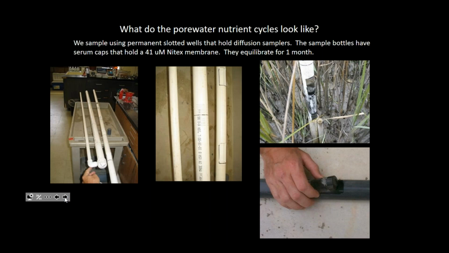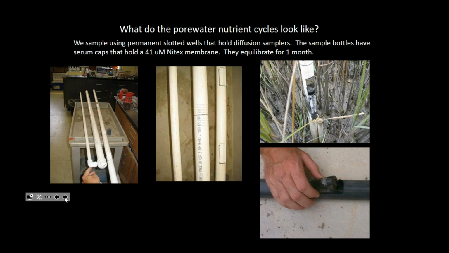Nutrients. What's happening to the nutrients in the soil when all this is going on? So we've been measuring nutrients, a depth profile of pore water nutrients monthly, going back to about 1990 or something like that. And we use these permanent wells that are installed. This is a breather tube, and there's an insert pipe that goes in, and this is a slotted pipe.